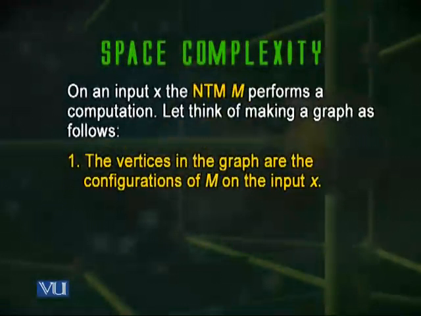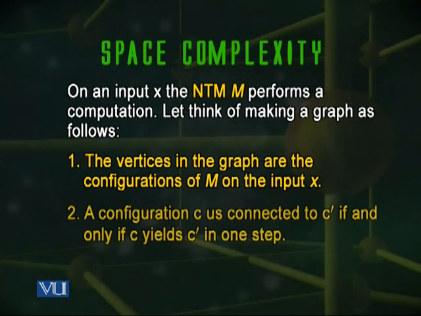So we think of this graph, and the vertices of this graph are configurations of M on the input X. The second thing is that we connect a configuration C to C prime if and only if C is going to yield C prime in one step.